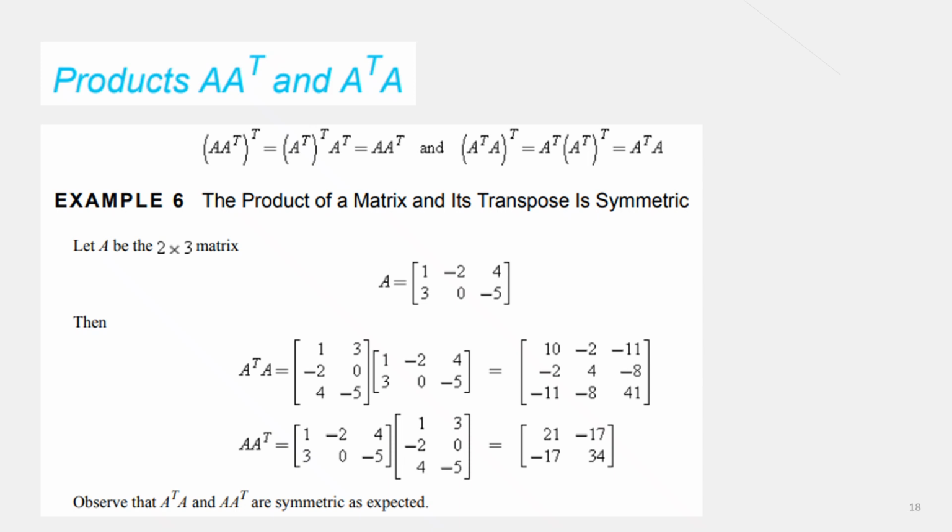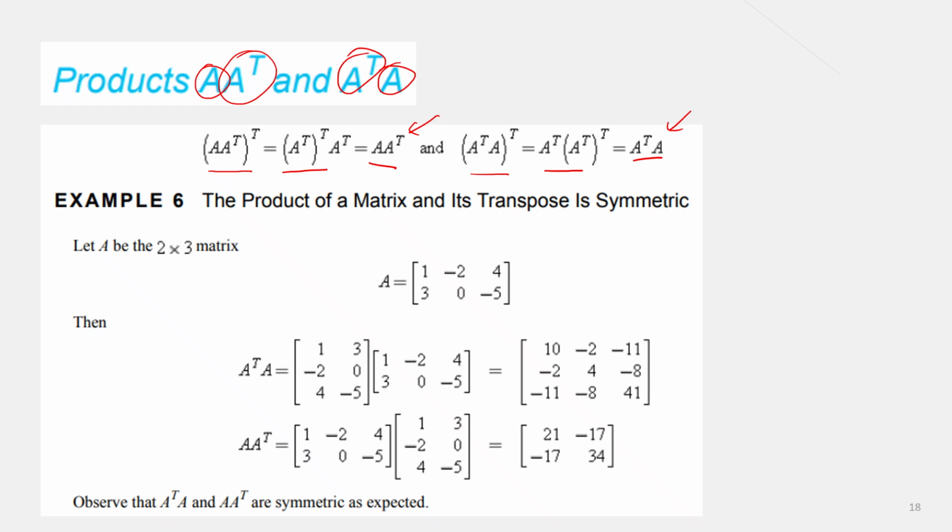So when you have a product of A and its transpose, and we will also show A transpose multiplied by matrix A. So this is the property that you can have, like this one is equal to this one and this one. So you use the simplest one, this one and this one, to calculate it.